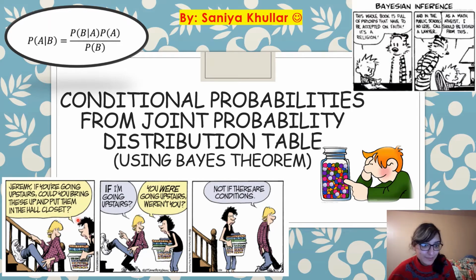Jeremy, if you're going upstairs, could you bring these up and put them in the hall closet? If I'm going upstairs? You are going upstairs, weren't you? Not if there are conditions. So they're all about conditions and probabilities. So that's what we will talk about today. I just wanted to loosen it up a bit with a few little jokes.